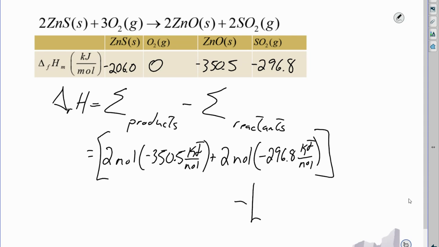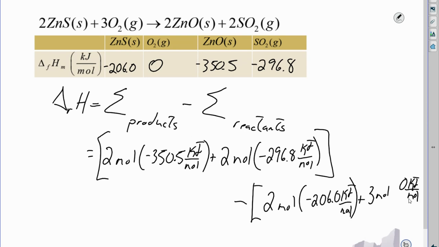Minus, we have 2 moles of the zinc sulfide at negative 206.0 plus 3 moles of oxygen at 0. And in truth, if you leave out the oxygen, because it's 0, it's not a big problem. From there, it's straight calculator work.